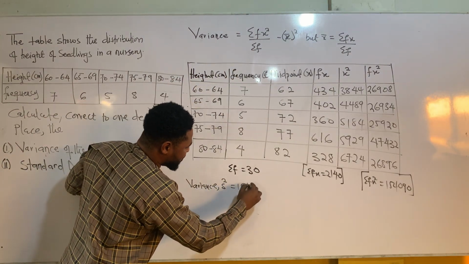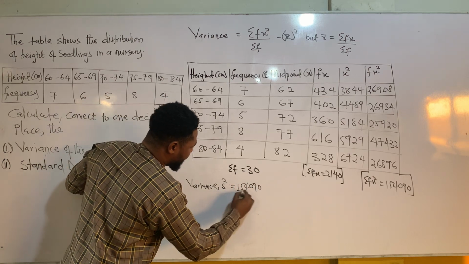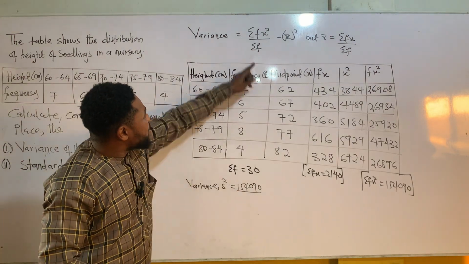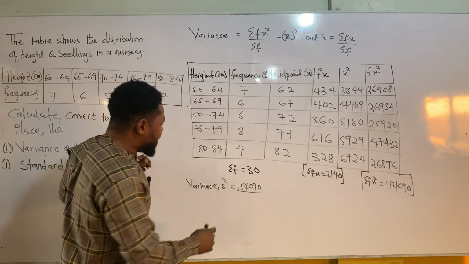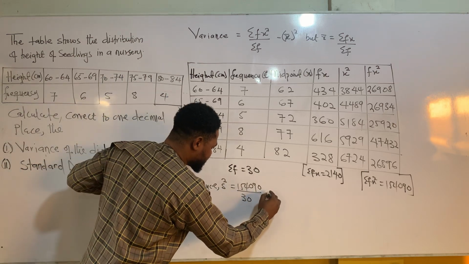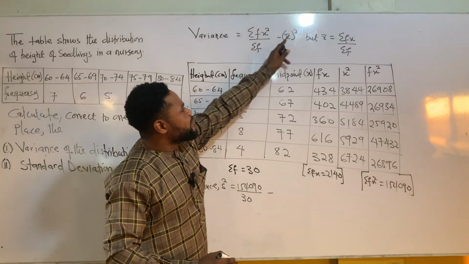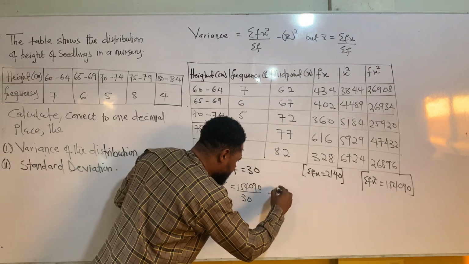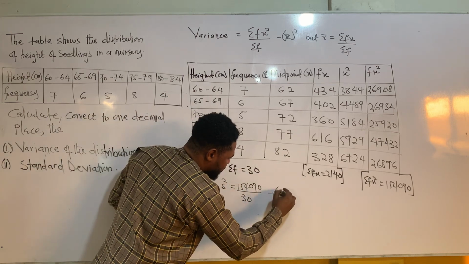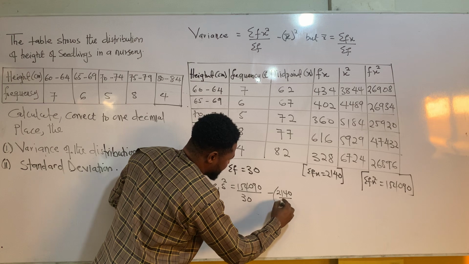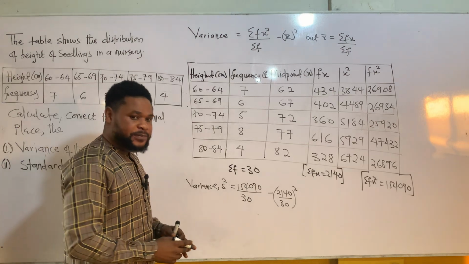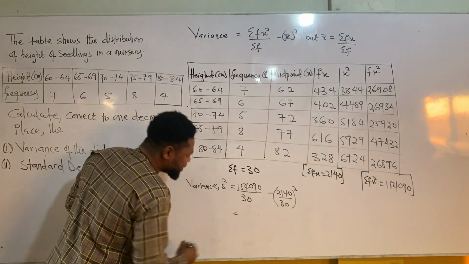We have 154,090 all over our summation of f, which will give us 30, all right, minus the mean, all right. So we can fix everything here. Summation of f of x, 2140 all over 30 squared. Nice.